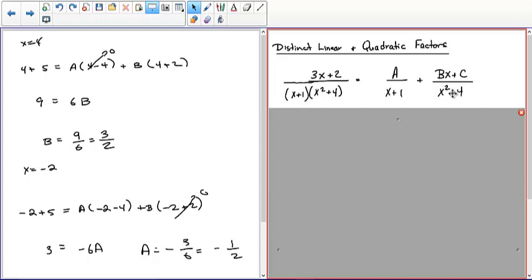But later on we'll put in a linear term, and you would still have Bx plus C, as long as the highest order term is squared. The other thing is that this stays quadratic because you can't factor this. There are no real factors, no real zeros. So if you have a third order equation, and if you multiply these out, you get one real zero and two complex zeros, then the complex part you just leave as a quadratic term.